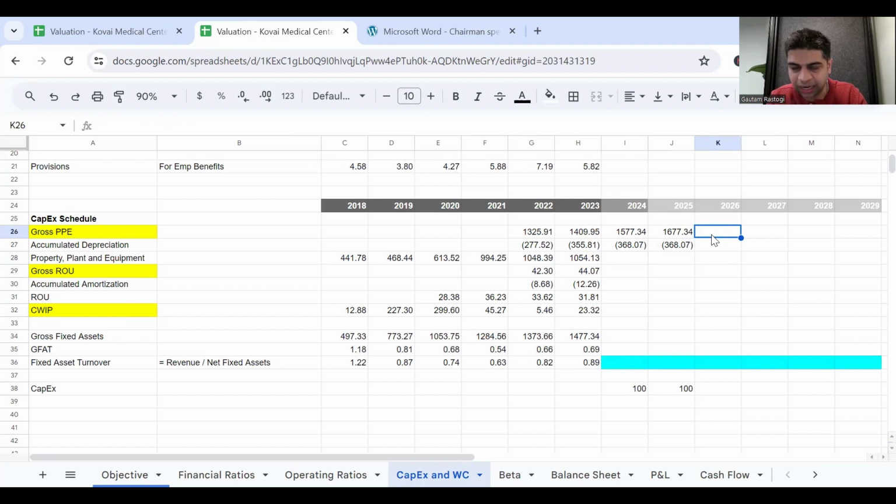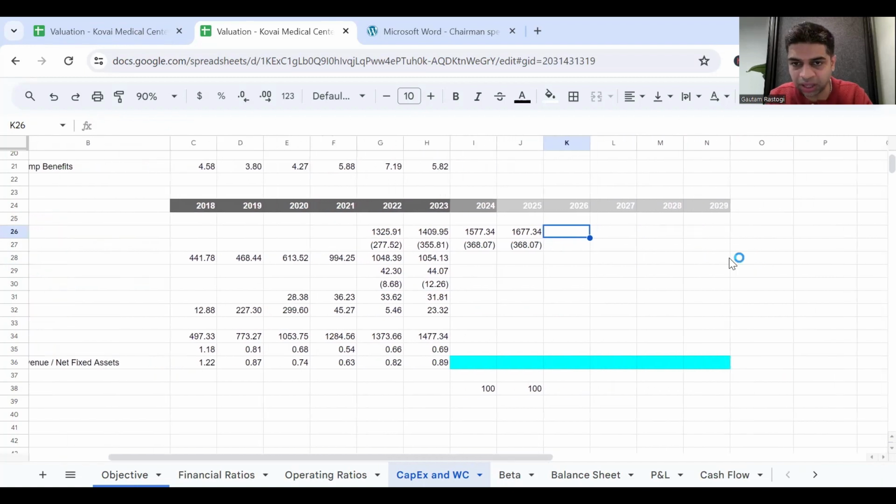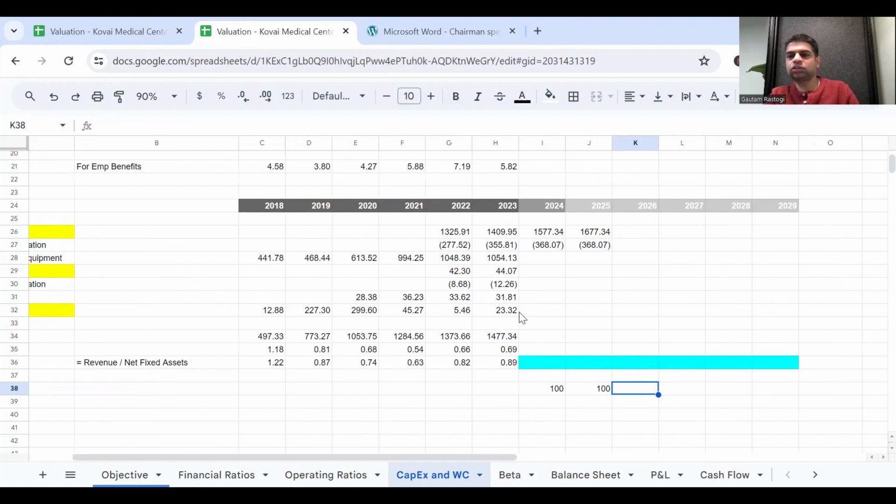And for the future years, here's an assumption I am taking. I'm assuming my capex would equal the depreciation of the prior year. That's the assumption I'm taking. Why?